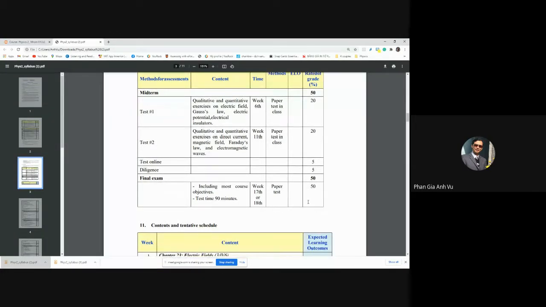In my experience, you have to get the highest midterm score you can, because normally for the final exam, students get very low scores.